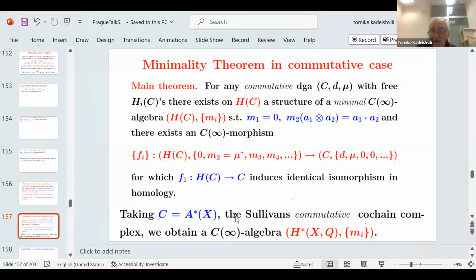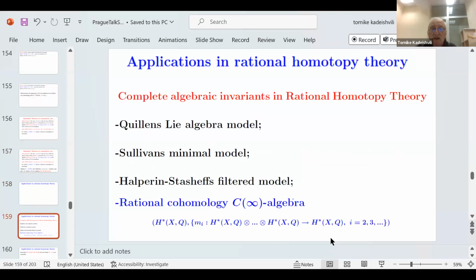And what about our theorem? If I take Sullivan's commutative cochains, normal cochains are not commutative, but Sullivan's cochains are commutative, then there appears cohomology in C-infinity, cohomology of X with coefficients in Q, rational numbers. We are discussing this today. And there exist several complete descriptions of everything in the rational case.